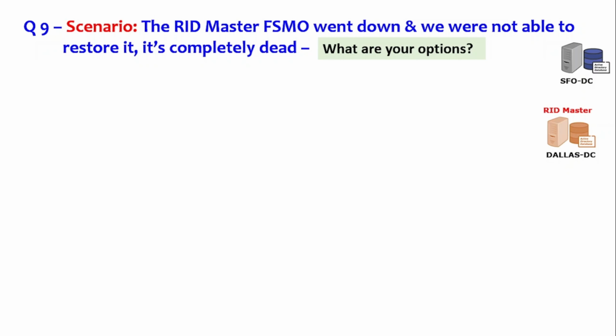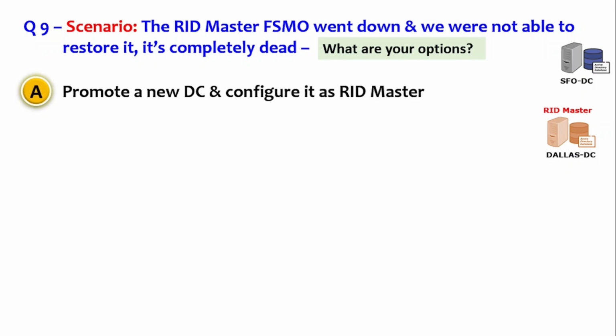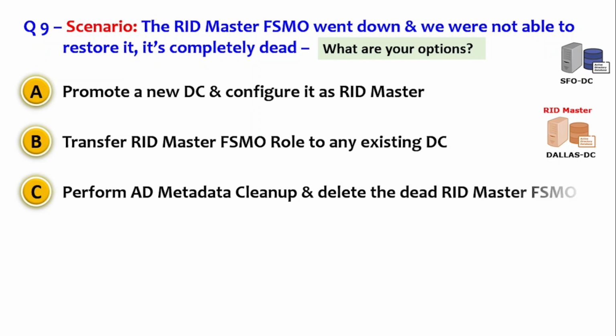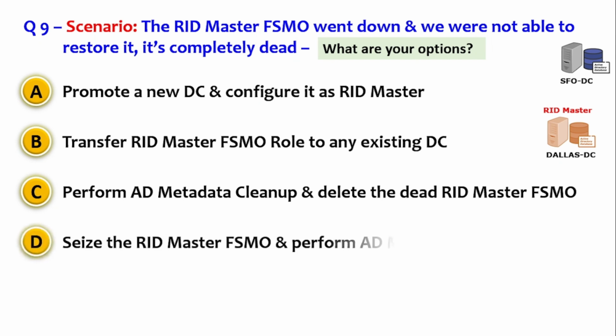What are our options? A, promote a new domain controller and configure it as RID master. B, transfer the RID master FSMO role to an existing domain controller. C, perform Active Directory metadata cleanup and delete the dead RID master FSMO.